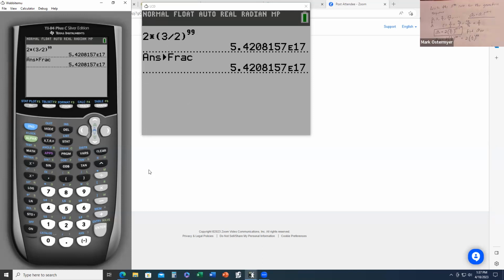So I guess we're going to have to just go with this. All right, so you can see it's a very big number. It's on the order of magnitude of 10 to the 17th power. That would be the 100th term of this geometric sequence, which is a humongous number. Everybody understand that? What happened?